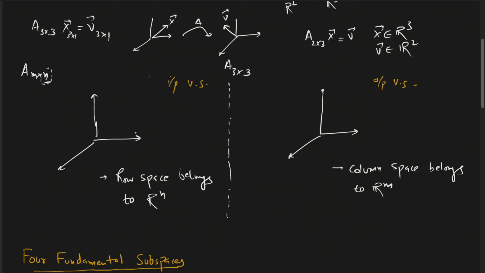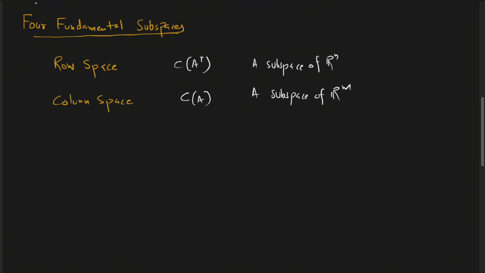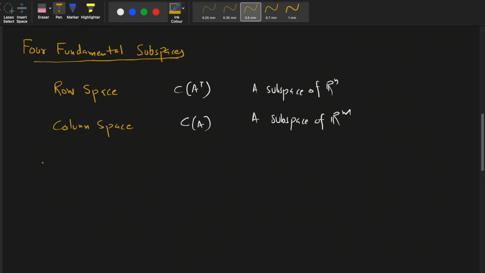So the row space belongs to the input vector space from where the input vectors are coming. The column space belongs to the output vector space where the output vectors are lying. All right. We have two more subspaces, that is the null space and the left null space.